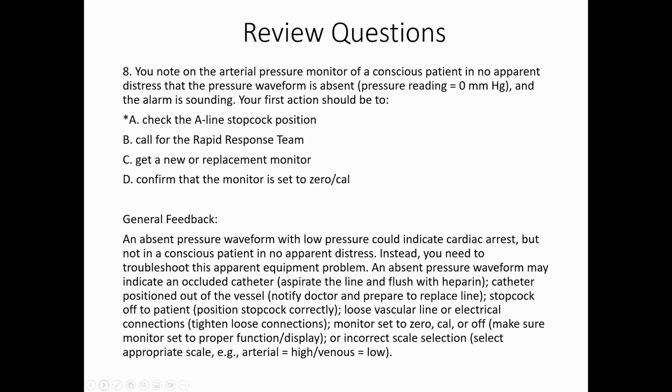The thing is, now you're treating a number or an alarm, you're not treating the patient. Nor get a new or replacement monitor, or confirm that the monitor is set to 0 or calibrated. So they're saying this can be easily troubleshot. Patient stable. Not saying you should leave them, but they appear stable. Let's go into troubleshooting mode, and that's really what the explanation is going on to say here.